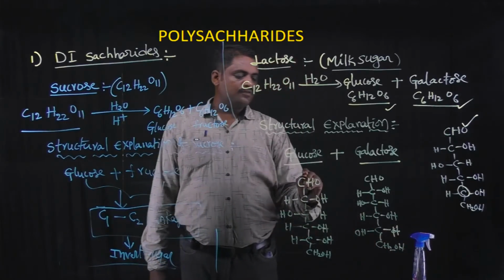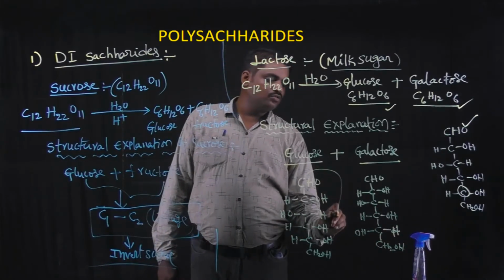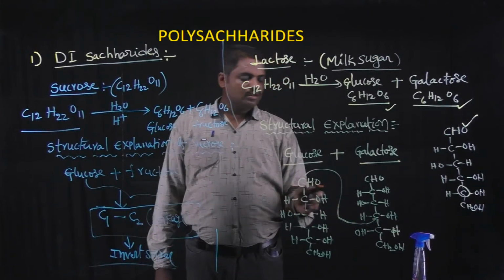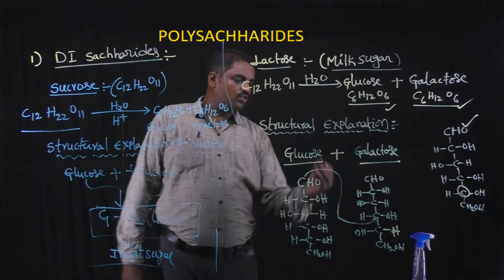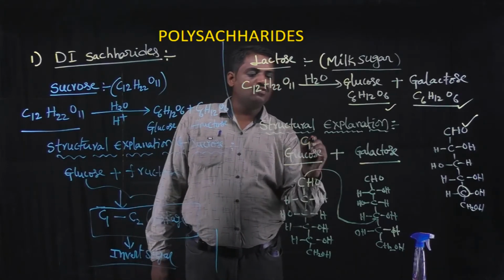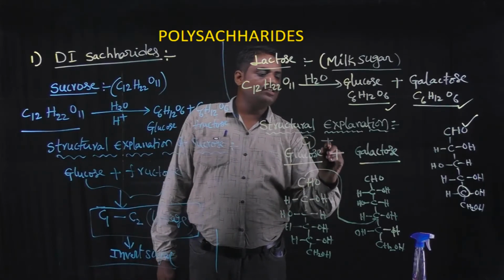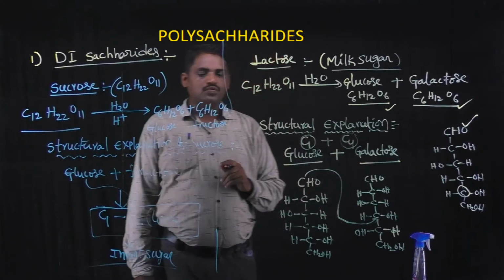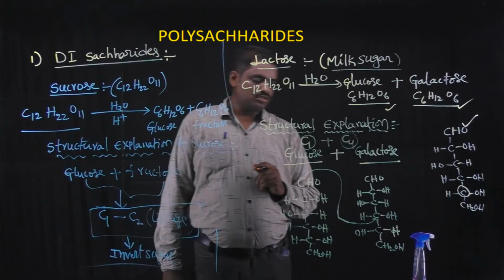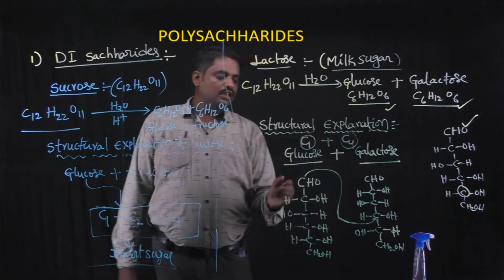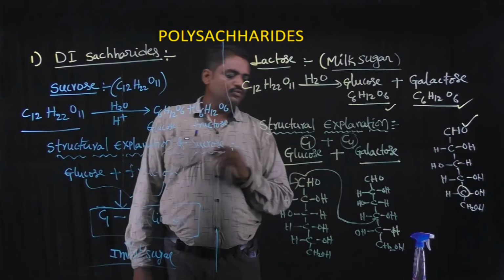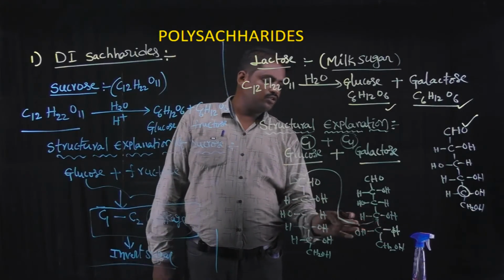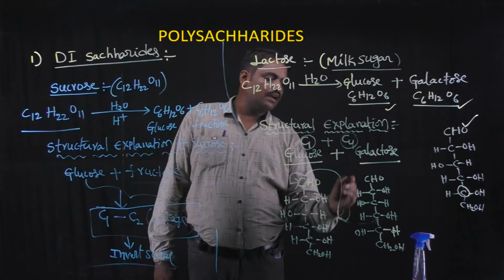Okay, so C1 of glucose is joined with C4 of galactose, the fourth carbon of galactose. This is the first carbon of glucose, and this is the fourth carbon of galactose.